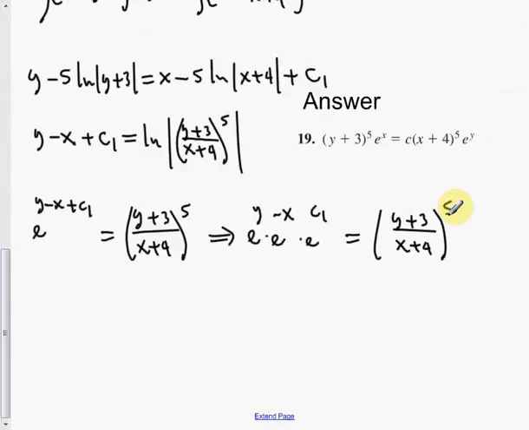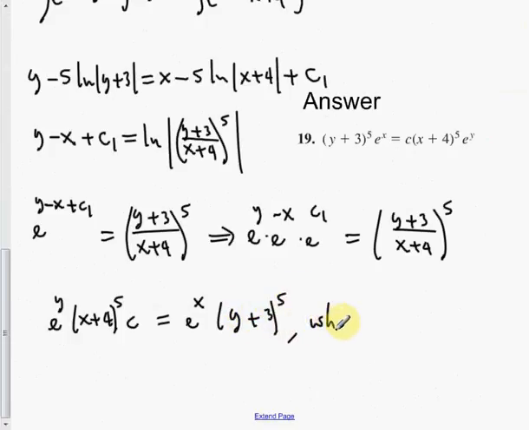And so this becomes, do you see it? This is e to the y times x plus 4 to the 5th times some constant, say c, that's equal to e to the x times y plus 3 to the 5th. Here, c is equal to e to the c sub 1.